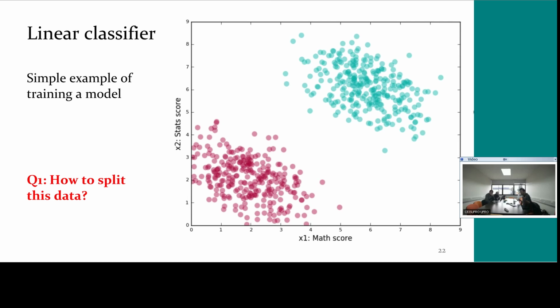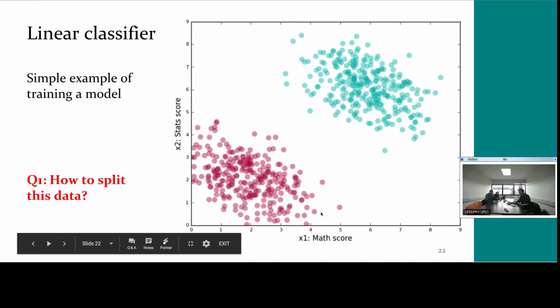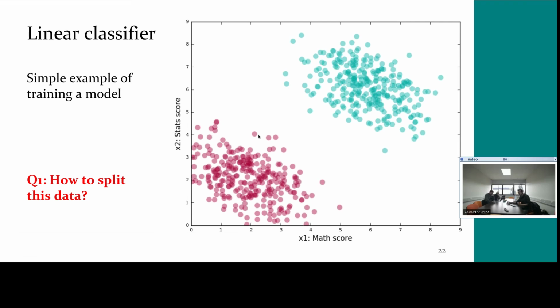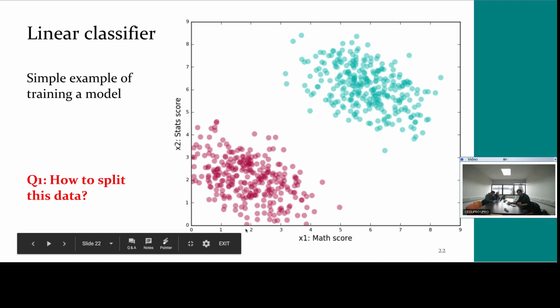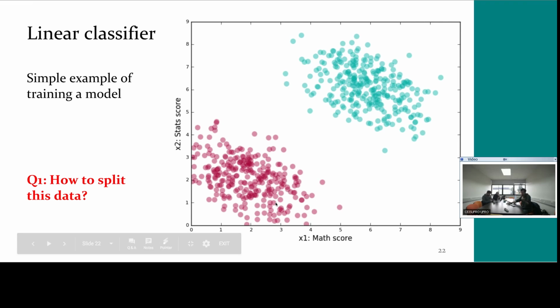So now this is a moment to ask the students as well, even the virtual ones. This is a bunch of data that we have. Maybe these are scores of some students, so maybe there is a math score and a stats score. So maybe this is a student who got 2 here and 4 here, and it is a totally random example. There are a bunch of students who are red in this class, and this class is possibly the students who didn't make it, whose score is quite low.